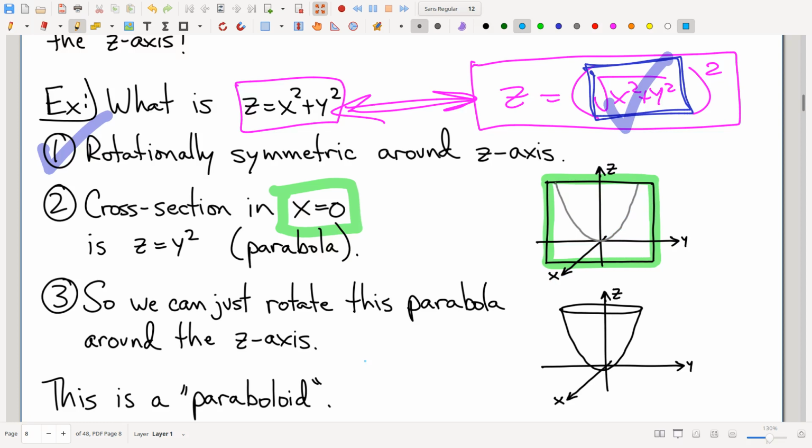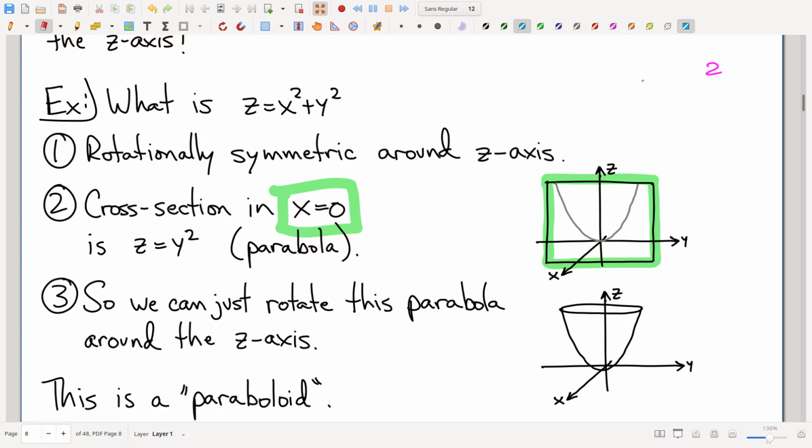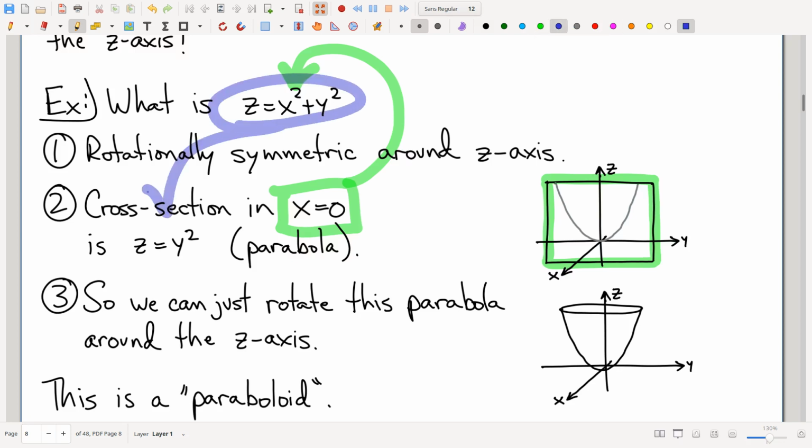In the yz plane, this is really easy. There's hardly anything going on. In the yz plane, where x is 0, just plug x equals 0 right into there. And in that plane, our cross-section is a parabola, like so.